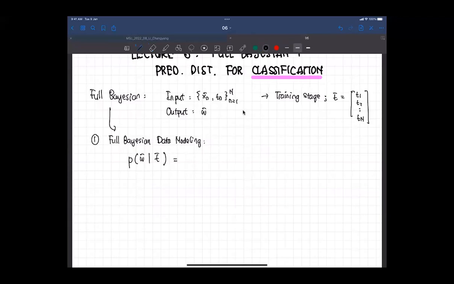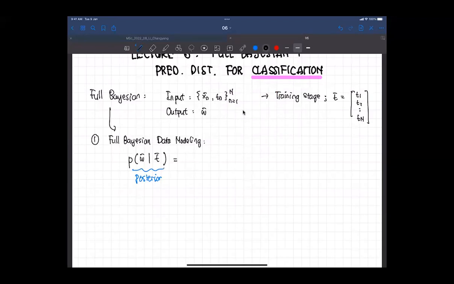So this one equals what? Not integral, we use the full Bayesian expression here. What is the name of this function? It is the posterior, right? So posterior equals what?